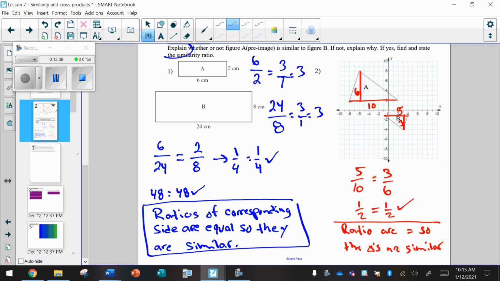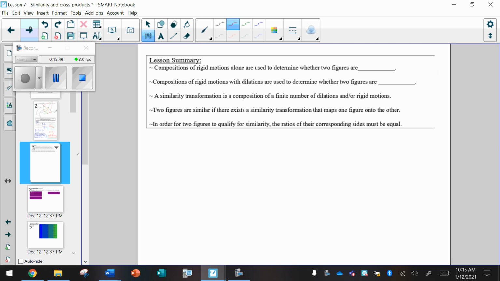So same explanation: the ratio of the corresponding sides and the corresponding heights are equal between the two different shapes, so that means our shapes are similar.